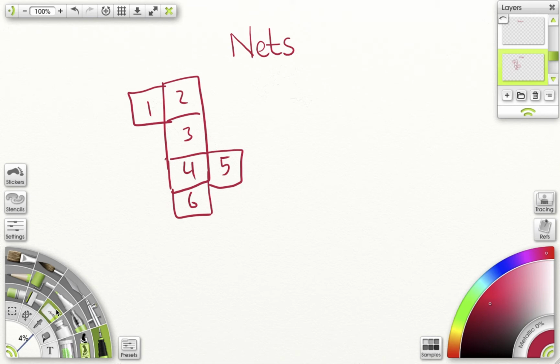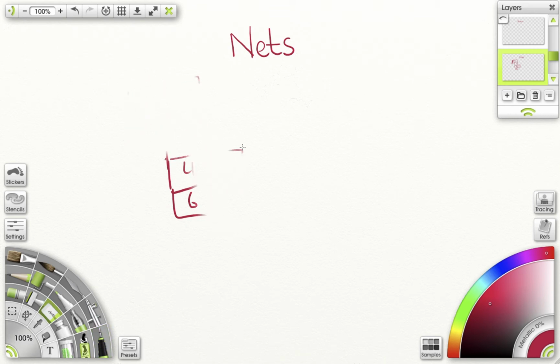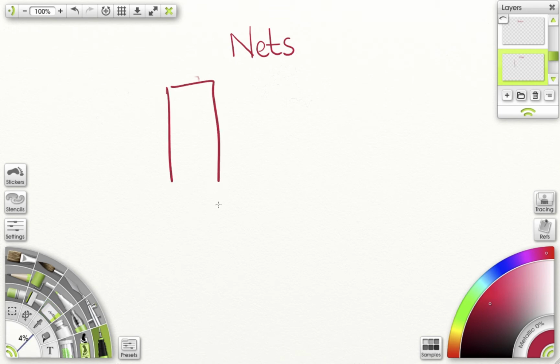There is another characteristic, though, to having a cube net. And what I'm going to show you is, let's look at this shape right here. Will this shape make a cube?